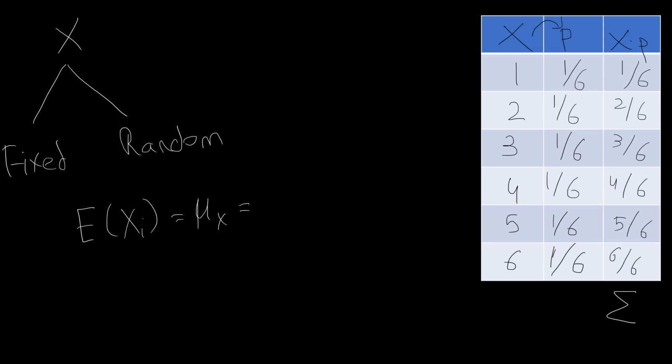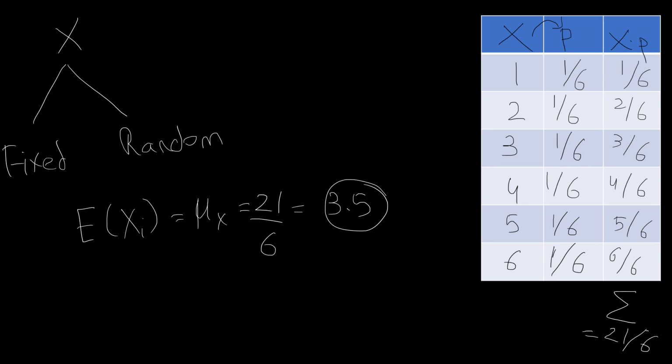So this is going to equal 6 plus 5 is 11, plus 4 is 15, plus 3 is 18, plus 2 is 20, plus 1 is 21 over 6. So the sum is 21 over 6, and that means that the population mean of x is equal to 21 over 6, which is equal to 3.5. Okay, cool.